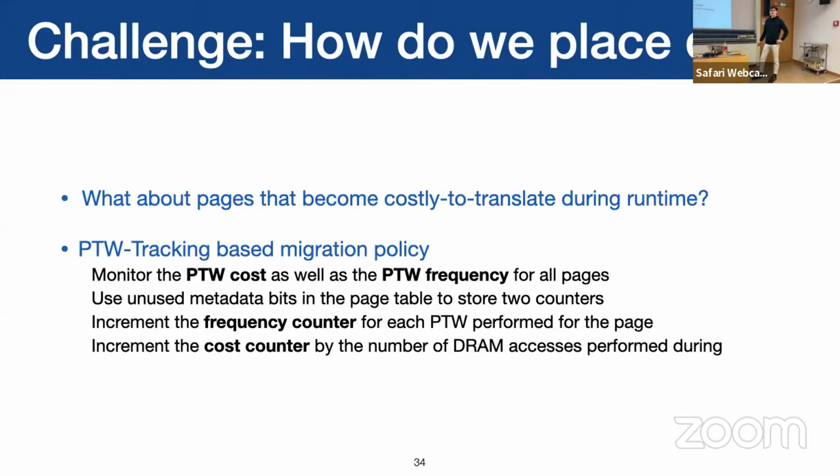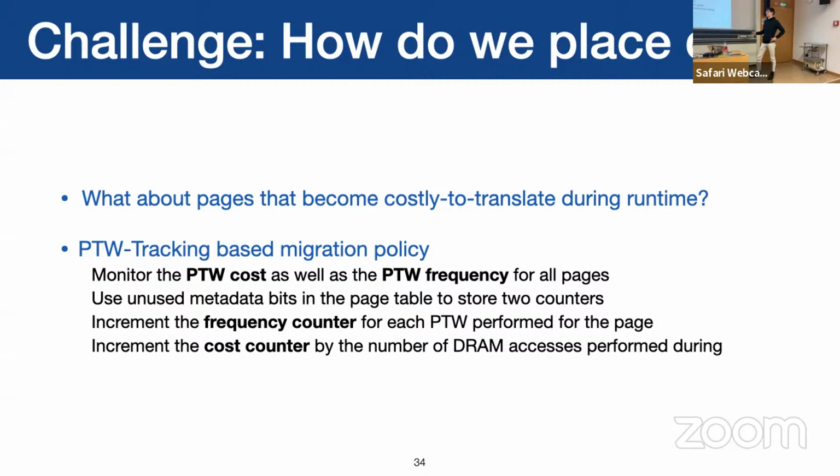What about migration? When do we choose to migrate pages between a flexible segment and a restrictive segment? So we use the same page table walk tracking based cost estimate, actually, as proposed in Victima to estimate how costly to translate pages are. And based on that, we can define a threshold.